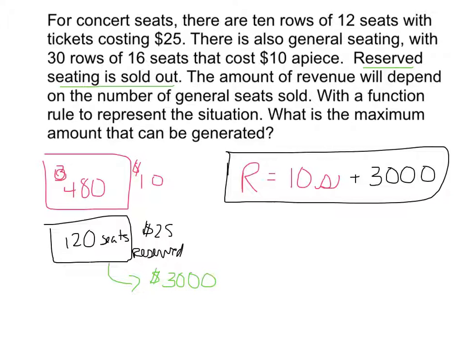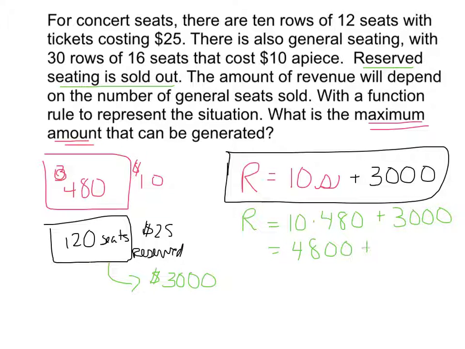After that, it asks, what is the maximum amount that can be generated? Well, you have to keep in mind that there's not an unlimited amount of general seating. There are just 480 seats. So to calculate the maximum amount of revenue that's possible, it's going to be 10 times the 480, and then I'm going to add the 3,000 after that. So basically, I'm going to have 4,800 plus the 3,000, so the maximum amount will be $7,800.